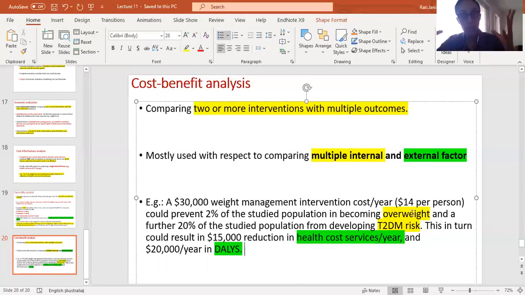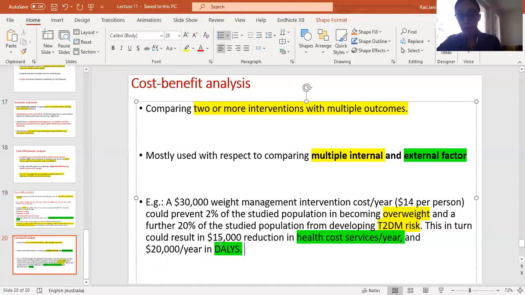All right, so you may have done a study on 500 people. Of these 500 people, on whom you did an intervention of $30,000, the overall intervention for these 500 people was $30,000, per person $14. And then of these, 2% of people are where you see the weight loss happening.